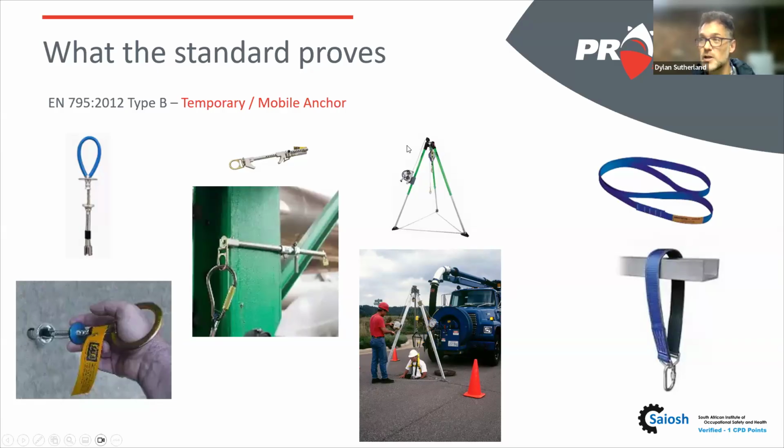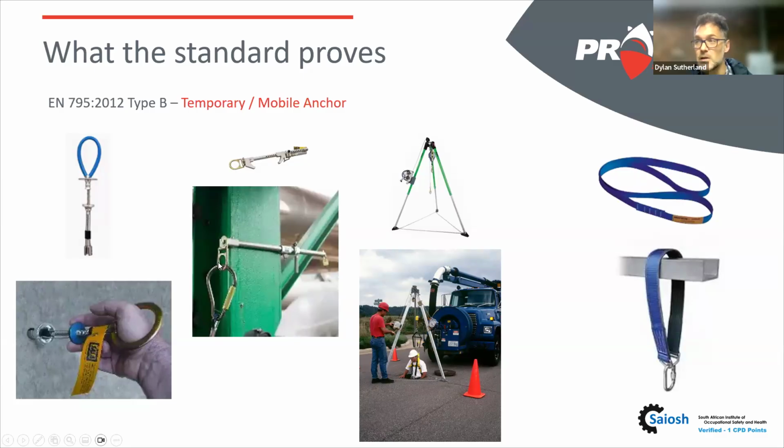A tripod is also actually certified as such. And you also get different types of anchors where it's more of a temporary. So this acts like a raw bolt almost. You drill a hole, you pop it in, you release it, you then have a safe anchor point. But obviously these need to be as per the OEM's instruction of use, and that's critical. But we'll get into that a bit later.